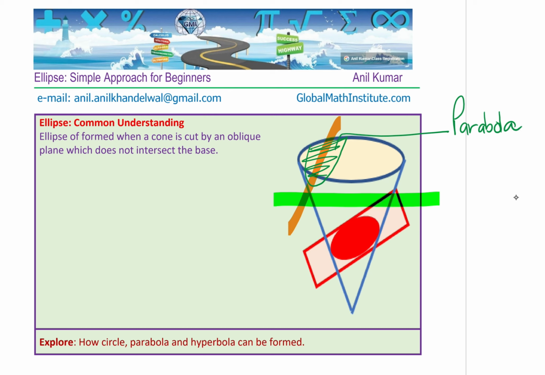If I go straight, not oblique, horizontal, in that case, what do we get? We get a circle as shown here. This is also a slice from the top, which is horizontal. So basically, what we're trying to see here is that a cone has one axis. So this is the axis of the cone.